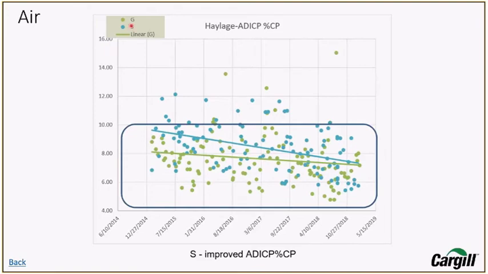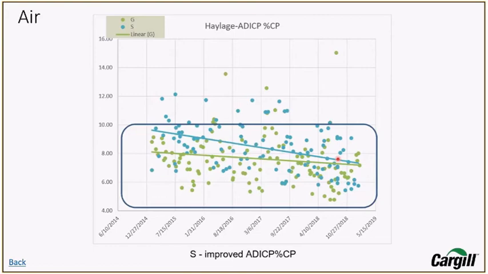Again, consistently, G is lower than S, but you can see they're both making improvements over time, just like they were on the ash side of things. They're making improvements because we've been talking to them about this, and they want to win this little contest of who has the most rumen fuel. S has made actually very good progress. They've done some pretty aggressive things to try to limit this part of it.